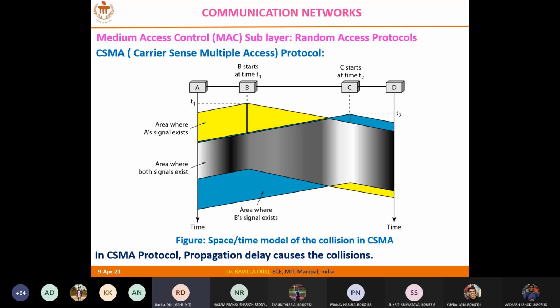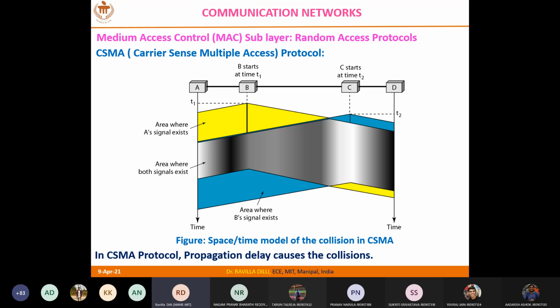Yes, sir. Now, since the bits arrive after time instant T2, if node C senses the carrier at time instant T2, what is the result at node C? What is the channel condition at node C at that point of time?